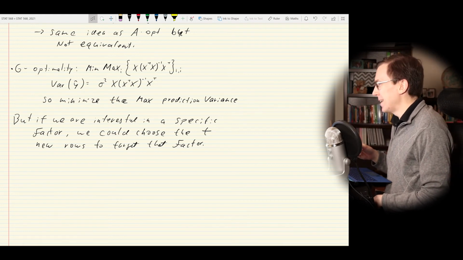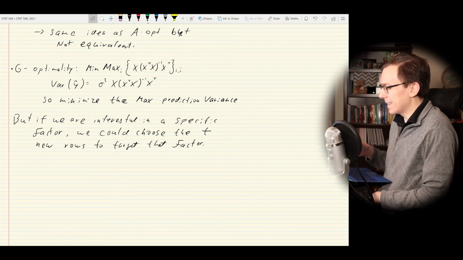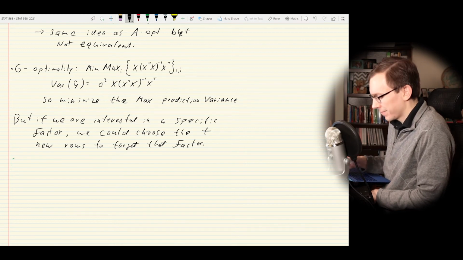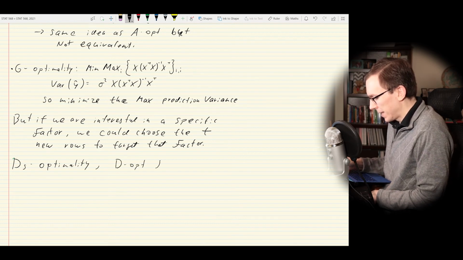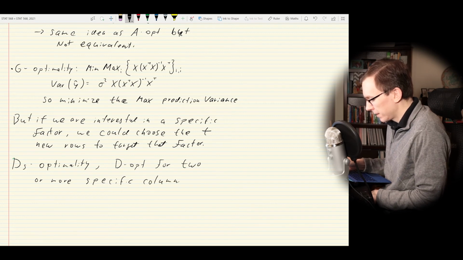In this case, we're going to look at something called DS optimality, which is just D optimality for 2 or more, but we're going to consider it for 2 specific columns of the design matrix X_D.